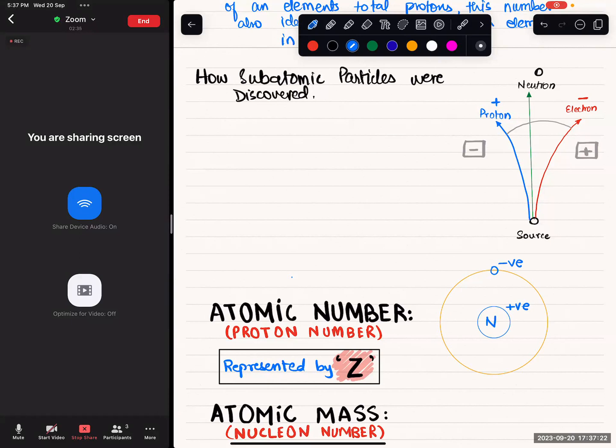So how the subatomic particles were discovered was by passing beams of electron, proton, and neutron through an electric field, where they made two poles. One was positive, the other one was negative, and these beams were allowed to pass through them.